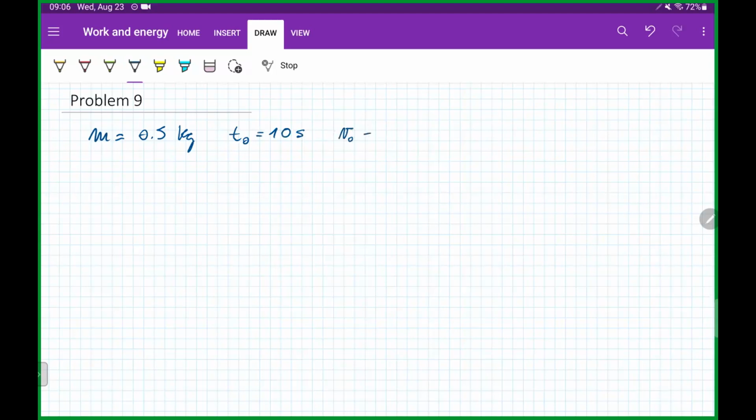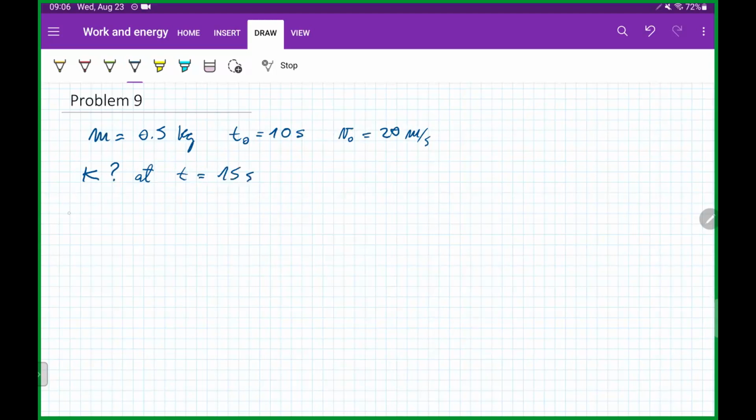So v0, that's 20 meters per second. And it says calculate the kinetic energy at t equal 15 seconds. So we want to know the kinetic energy at t equal 15 seconds.